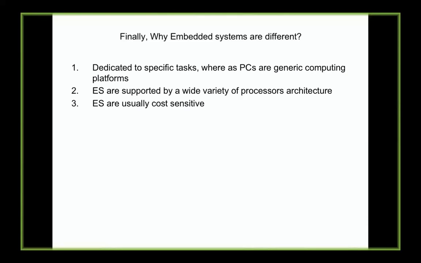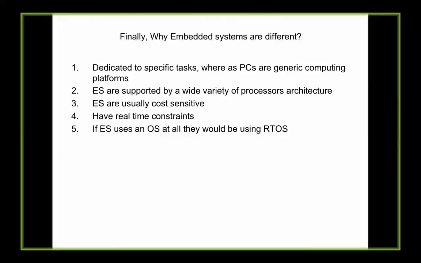Naturally, embedded systems are usually very cost sensitive, right? You can't use a sledgehammer where a goldsmith's hammer is needed. So I can't keep using Intel Core 2 Duo, i3, i5 in every application, correct? Again, naturally, it has a lot of real-time constraints.